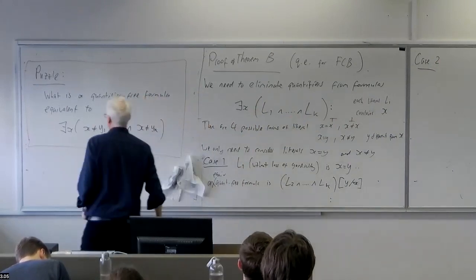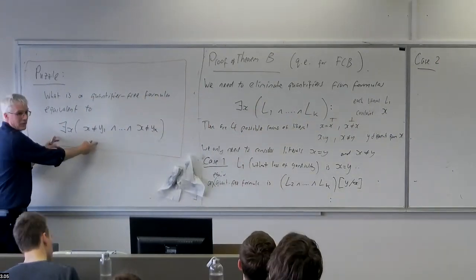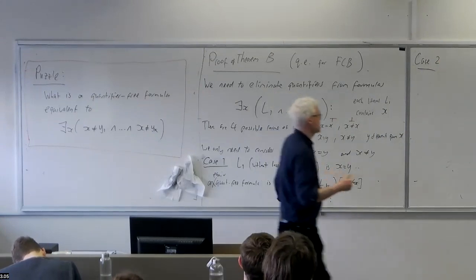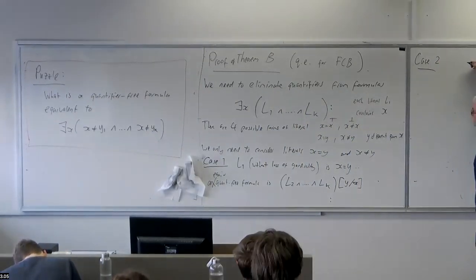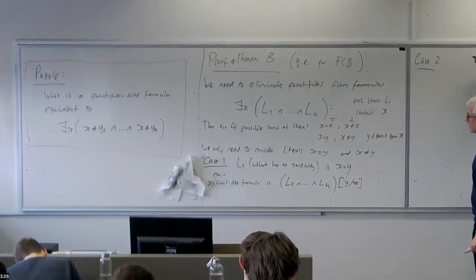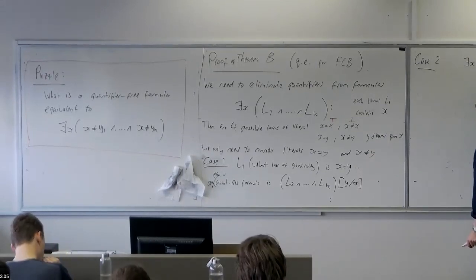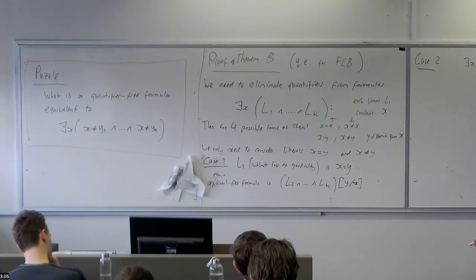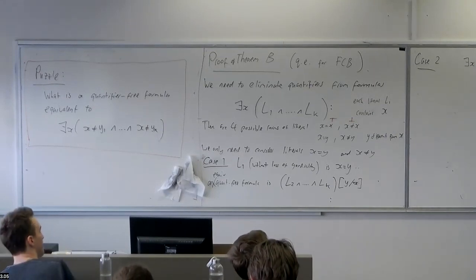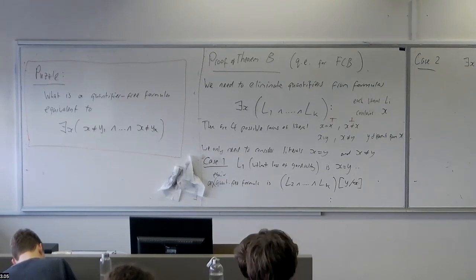In other words, case two is exactly this: exists x, x is different from y1 and ... and x is different from yk.